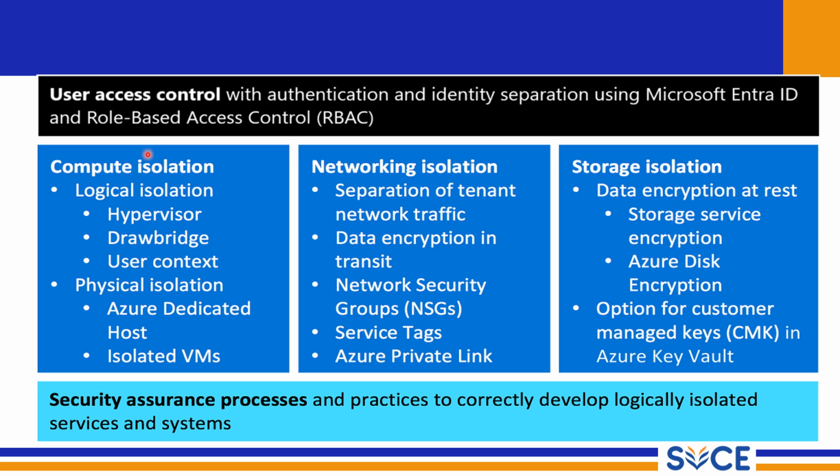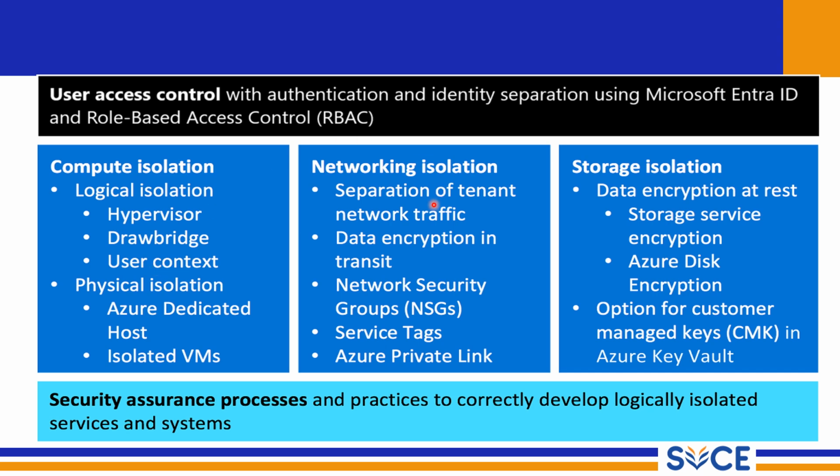So the first one, compute isolation. Here we'll be using some logical isolation, like we have some hypervisor, Drawbridge or user context. And in case of physical isolation, we used to have some Azure Dedicated Host and isolated VMs.